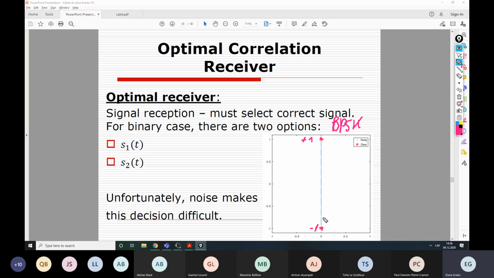During the transmission, these +1 and -1 signals convert to something in between, right? Basically. Also, they can, of course, exceed these values. But the idea is simple, that actually we are receiving something that is not +1 or -1, something that's in between. That's because of how noise works.